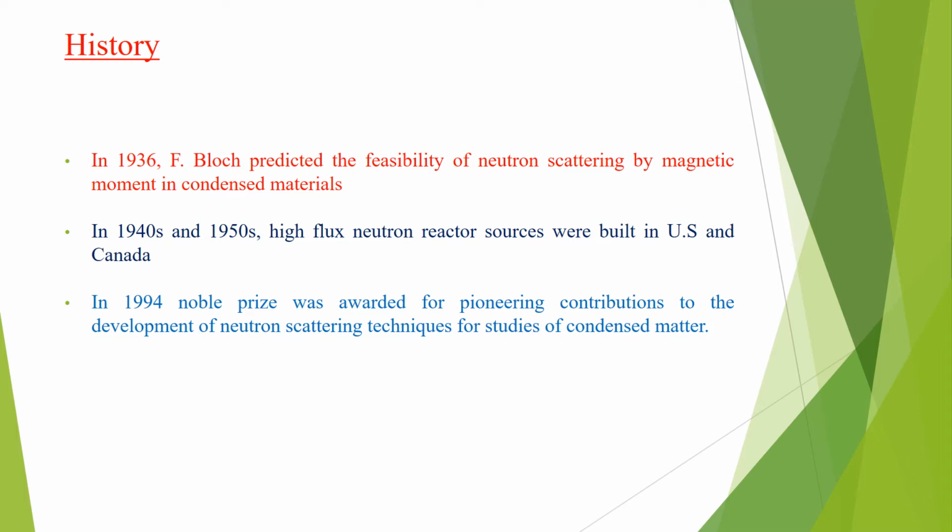In 1936, F. Bloch predicted the feasibility of neutron scattering by magnetic moment in condensed material, and in the 1940s and 1950s, high flux neutron reactor sources were built in the US and Canada.